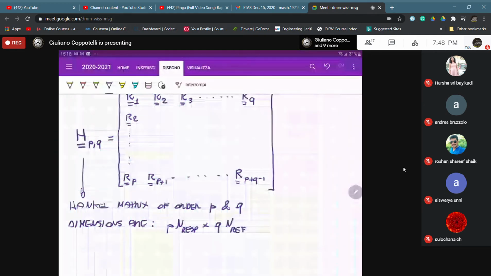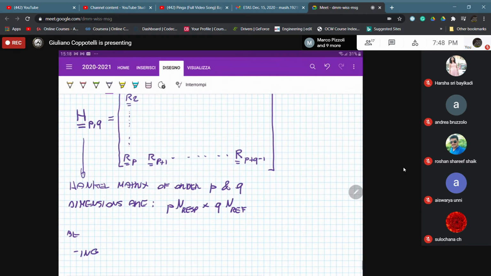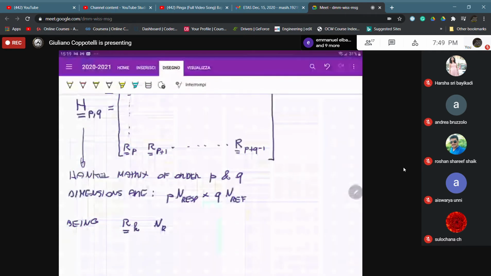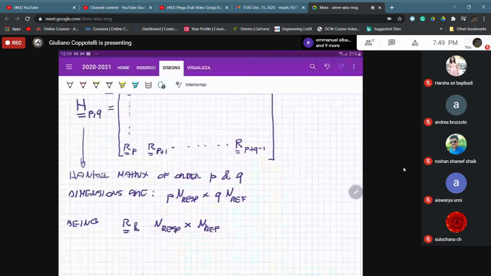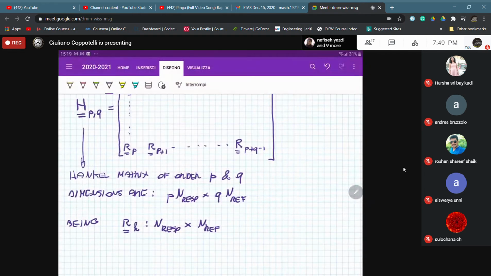Being, of course, the correlation function of order k, just to be general, with dimension number of responses times number of reference channels. And the reference number is the number of points that we consider for reference.